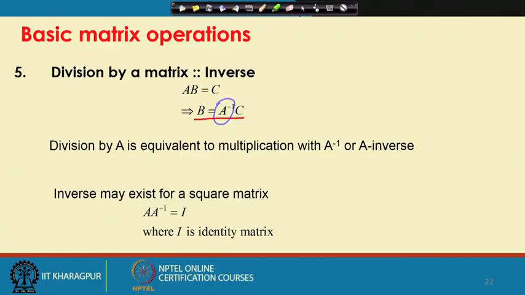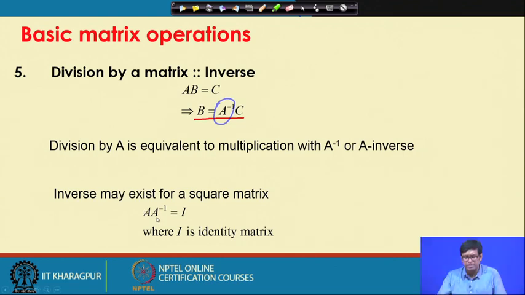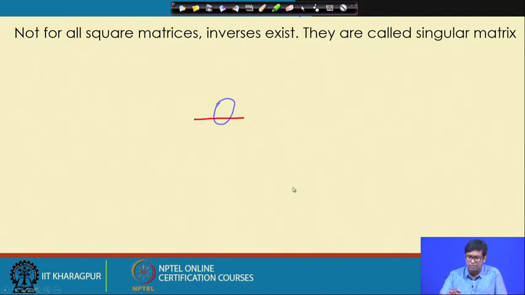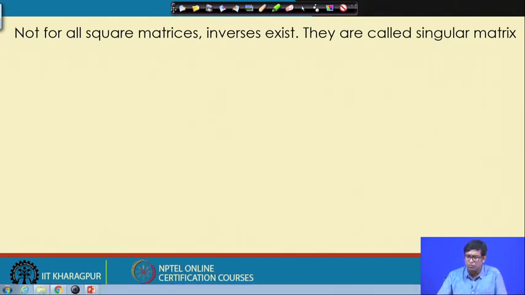And if inverse exists, if we multiply the matrix with its inverse, we will get identity I. So, I is the identity matrix and a matrix multiplied with its inverse gives us an identity matrix. Now, not for all square matrices inverse exists. The matrices for which inverse do not exist are called singular matrices.